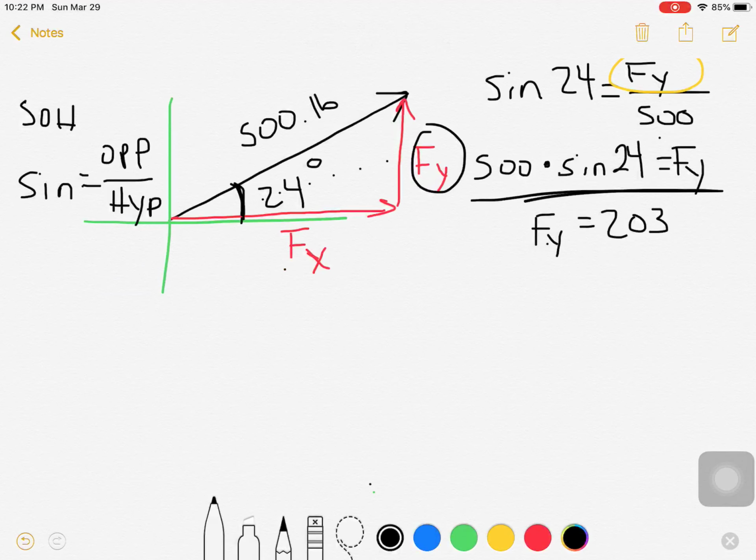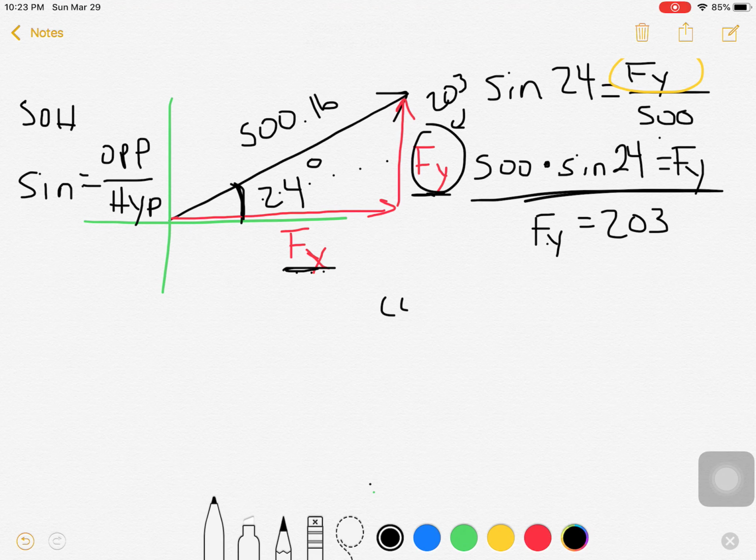Now we want to find Fx. So we can do this two ways. Since we know that this is 203, we could use tangent to relate the adjacent side to the opposite side, or we could just stick with cosine, which is what we're going to do for the most part, and relate the adjacent side to the hypotenuse.